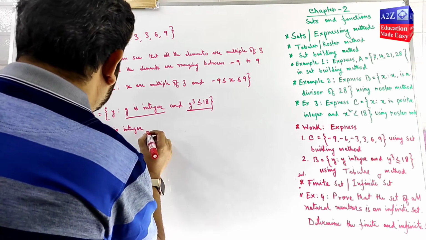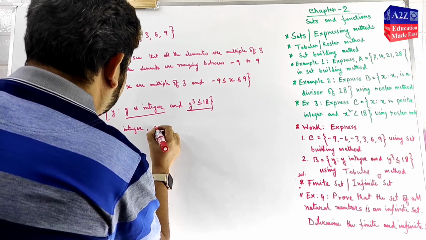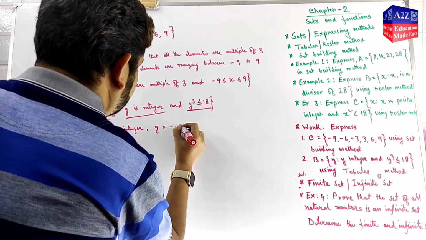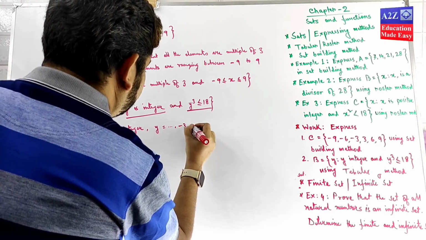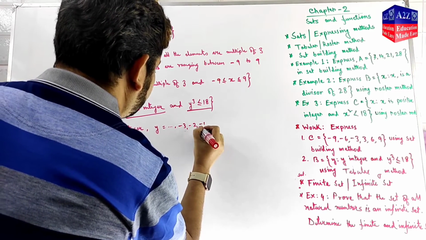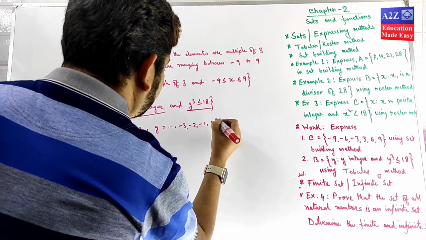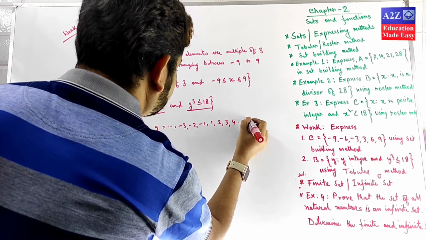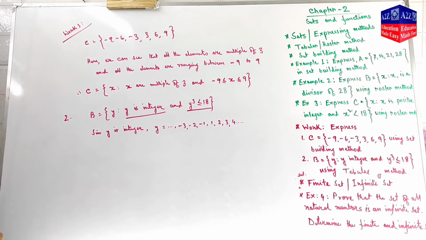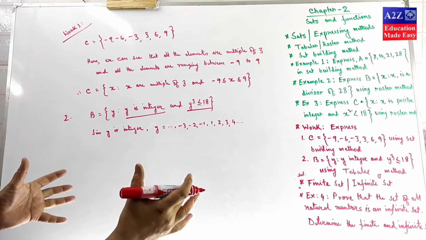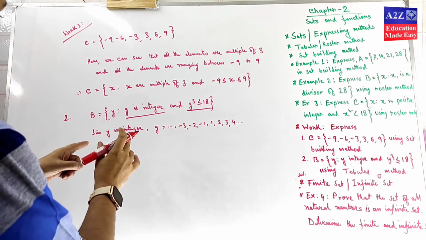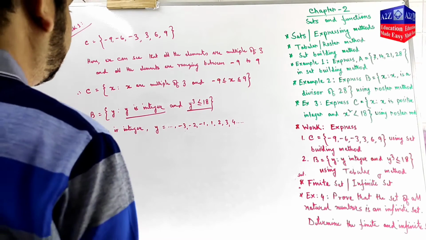So Y can be maybe -3, -2, -1, 1, 2, 3, 4, or something like this. All integers, all positive and negative integers. This is the detail of the first property.